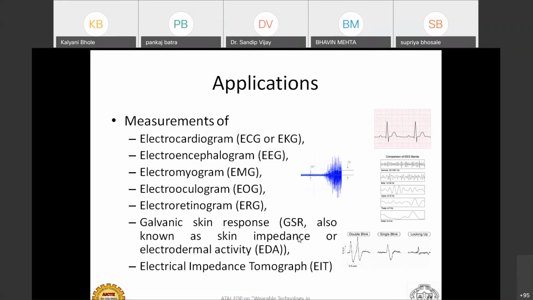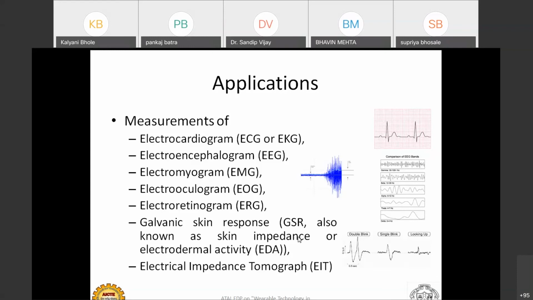Something more about this technology: when a small electrical signal is passed through the skin and measured again by using electrodes, by calculating impedance of the skin in different directions, we will get three-dimensional information, and this information reveals a lot.